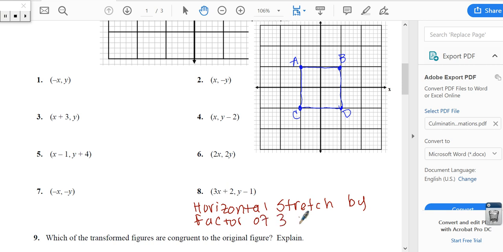And then you're going to go to the right. Oops, and I'm putting left. Hold on. You're going to go to the right 2, and then you're also going to go down 1. And you finish. And we know this one here won't create congruent figures because we stretch the x and not also the y. Okay, so let's keep moving.